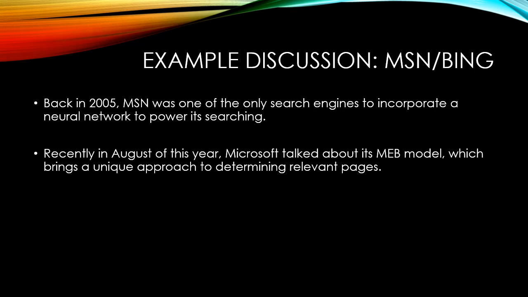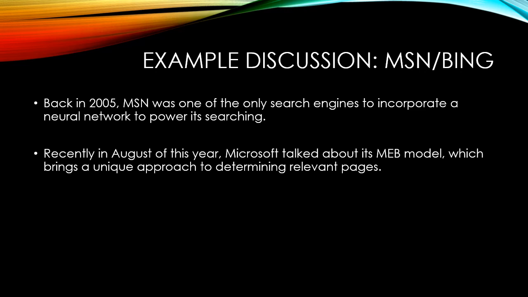So now we're going to look at the last example discussion, which is MSN Search, or as it's now called, Microsoft Bing, which is the third most popular search engine today. So MSN uses neural networks, which back in 2005, when it came out, it was one of the only ones that was using those.